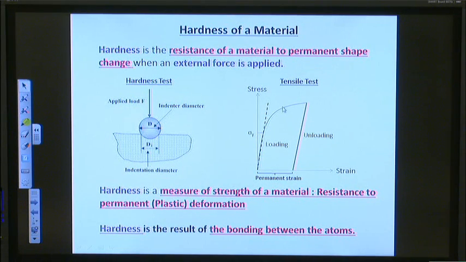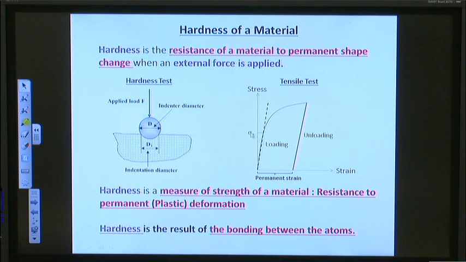You have done a tensile test in your mechanics of materials lab, and there you have seen that if we increase the strain in a test specimen, the stress increases. Initially the stress increases linearly along the inclined dotted line.